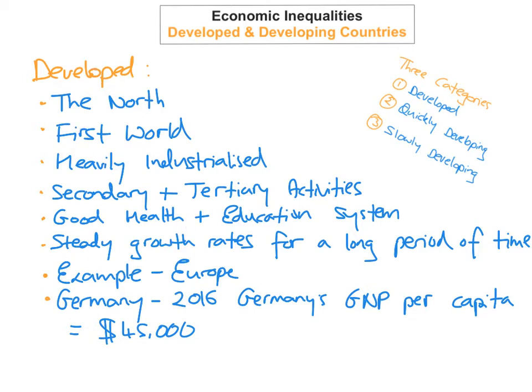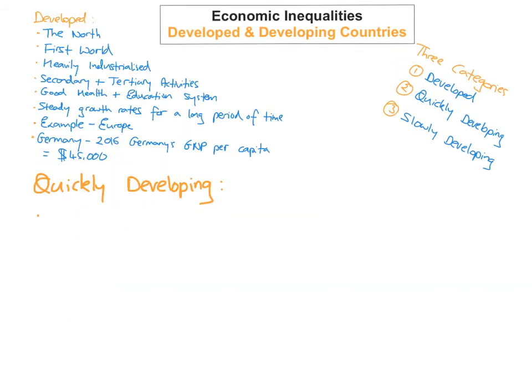Now we'll look at the quickly developing category. Some of the characteristics of this category: it is usually located in the south of the world, the southern hemisphere. Usually called the third world.